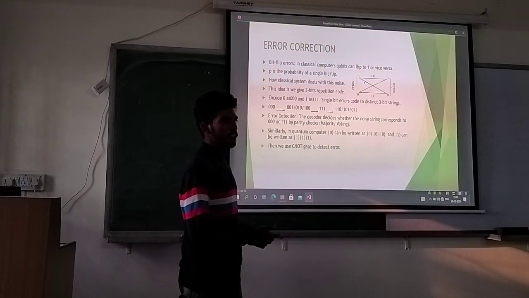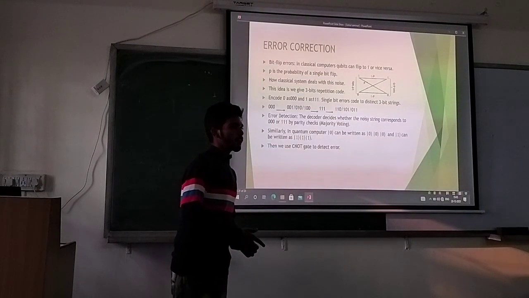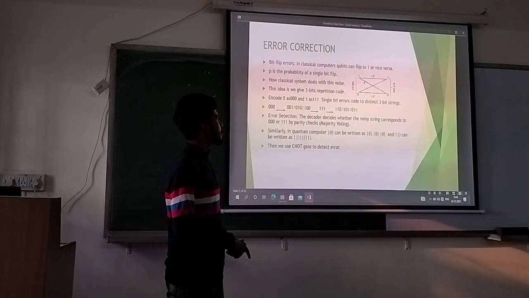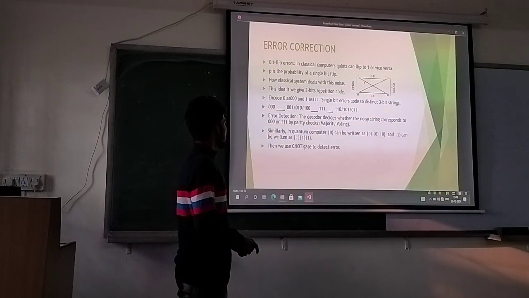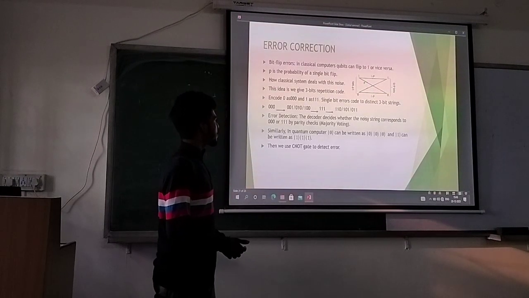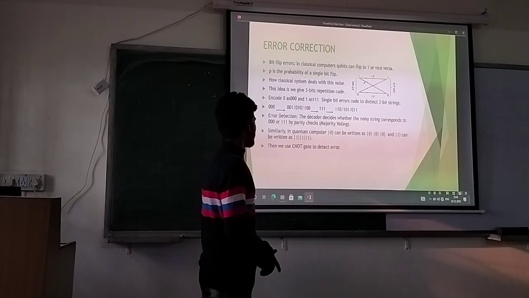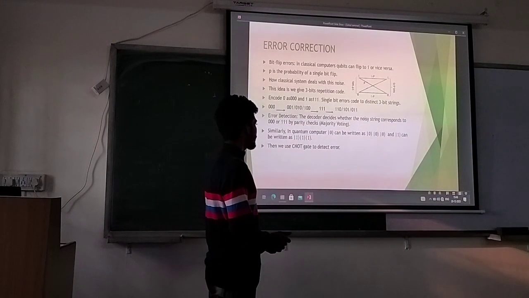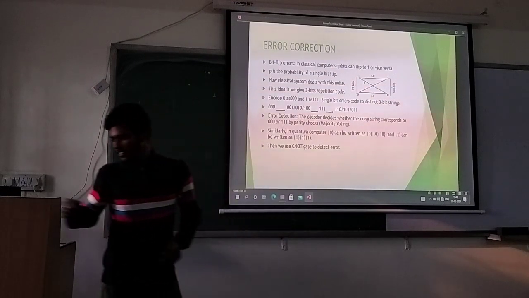So only one bit will flip and we can solve it by parity check. There is a possibility of getting a 2-bit flip, but the probability of flipping 2 bits is less, so we neglect it. And similarly in a quantum computer, the 0 cat can be written as 000 and the 1 cat can be written as 111. And we use the CNOT gate, the controlled NOT gate, to detect the error.